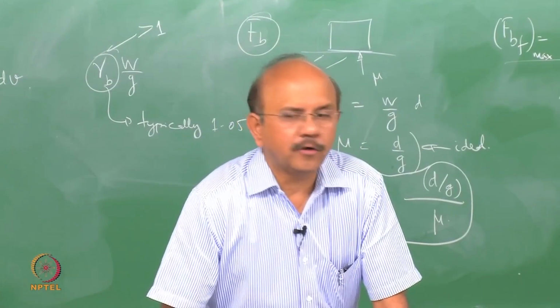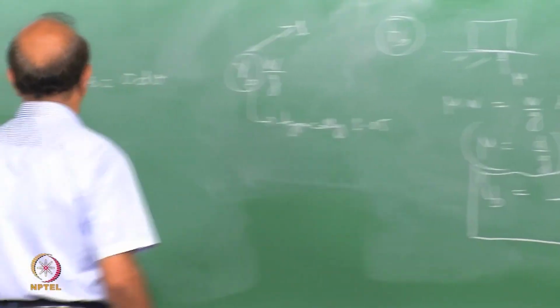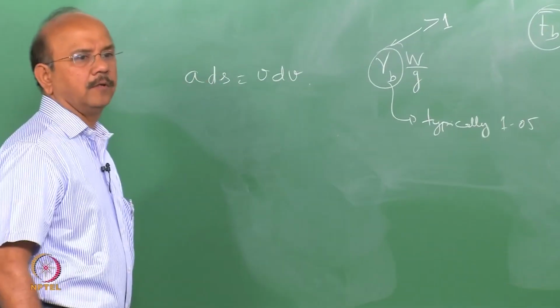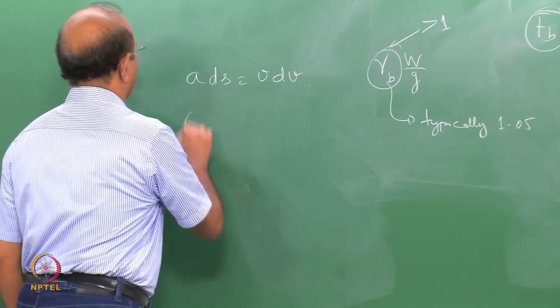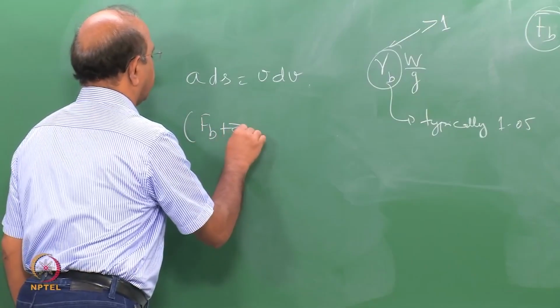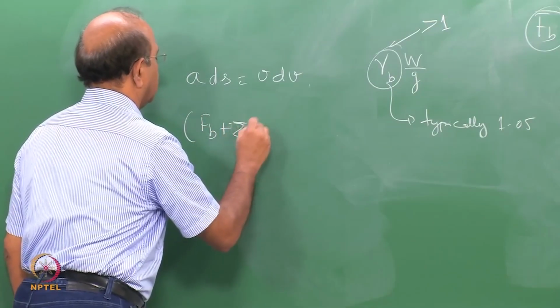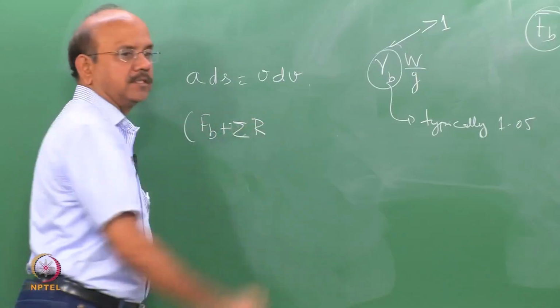Okay. Now, I am going to write down this for A, F by M, which I would call Fb plus sigma of all the resistances.